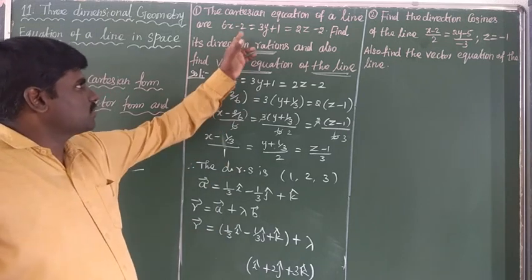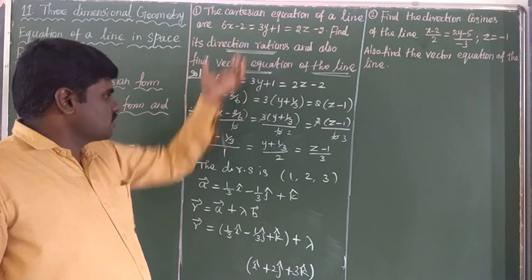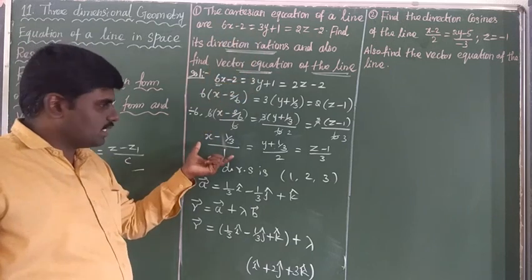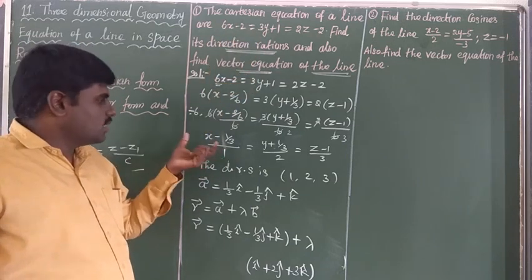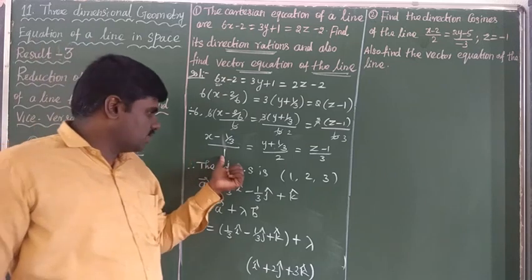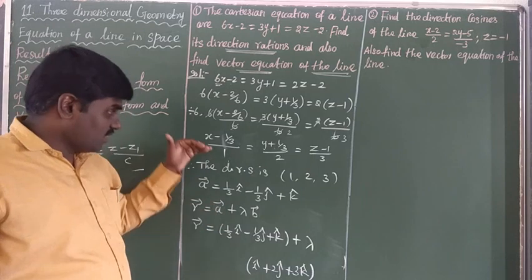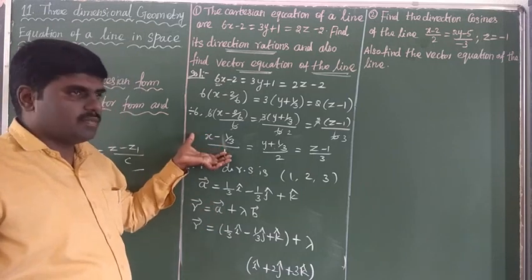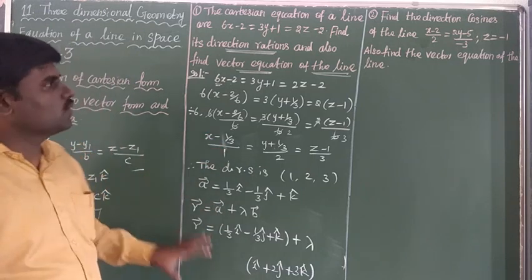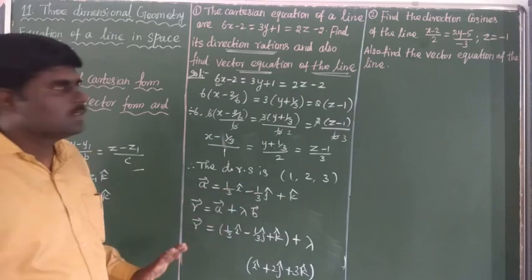So in the given problem, some data is given, and with some simplification we get the Cartesian equation. The direction ratio is 1, 2, 3. Next, the direction ratio converts the Cartesian form to the vector form. This is one type of problem.